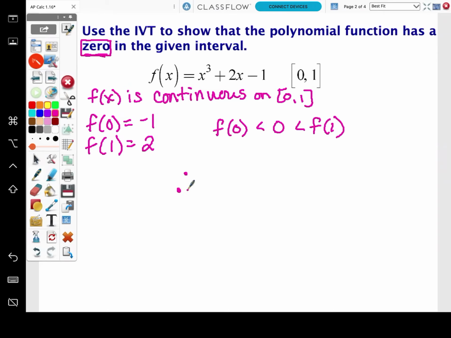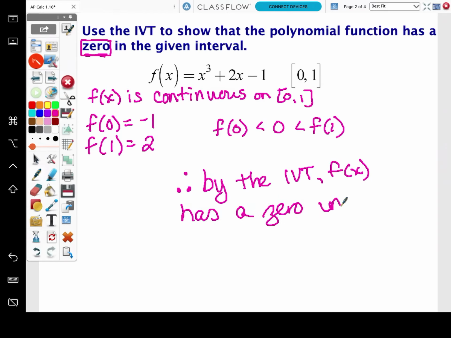Okay, so because those things are true, we can just say, therefore, by the intermediate value theorem, f(x) has a 0 in the interval (0, 1).